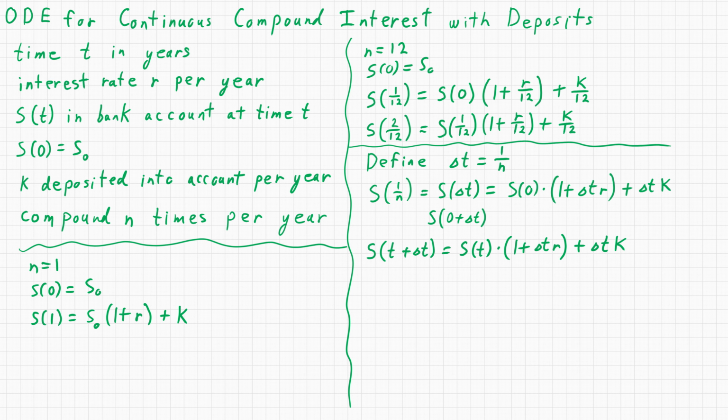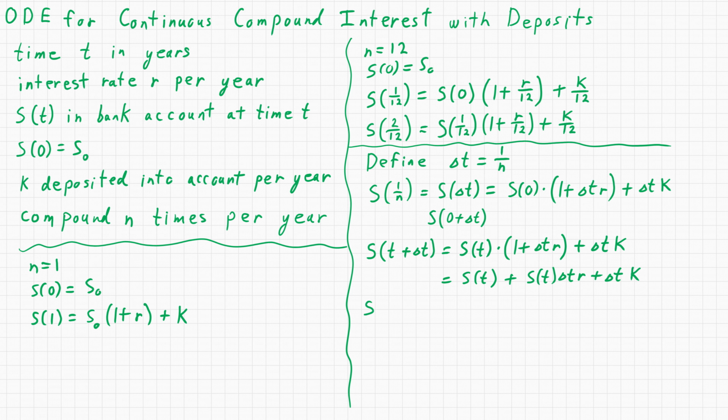To turn this into a differential equation, what we're going to do is multiply this out a little bit, so we get S of t times the 1. Then we have S of t times delta t times r, and plus delta t times K. I'm going to subtract the S of t to the other side, and divide everything by delta t.